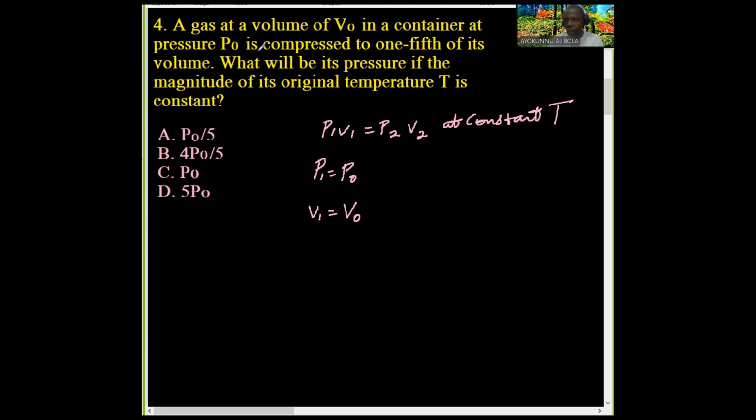Then it says the pressure is compressed to one fifth, I mean, the volume rather. A gas at a volume V naught is compressed to one fifth. Then we're looking for the pressure if the temperature remains constant. So that means V2 is 1 over 5 of V1, which is V naught.